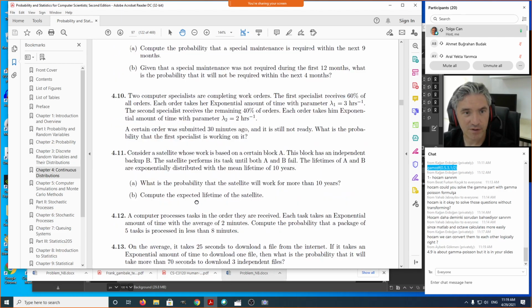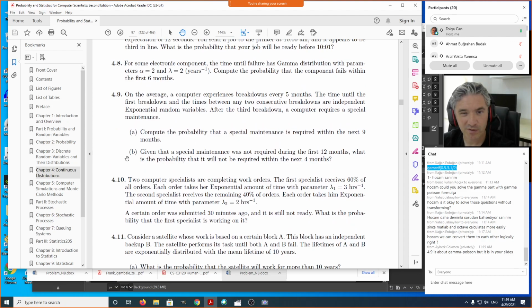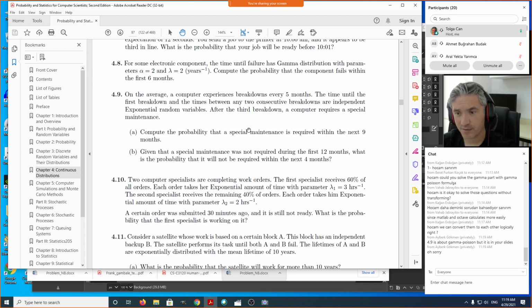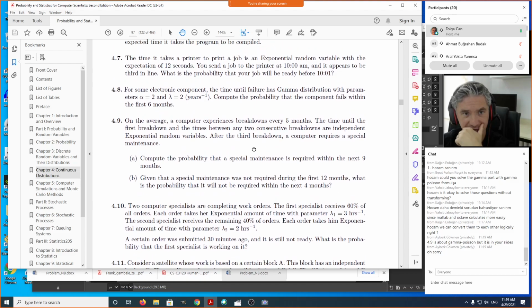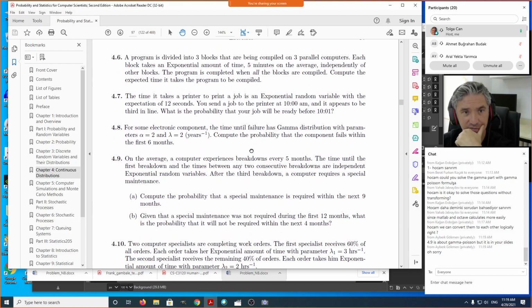On the slides we just solved the examples, right? In terms of exercises, we didn't solve any. But let's see whether we have a gamma Poisson here. If anybody has come up with a gamma Poisson type of exercise, we may do that.